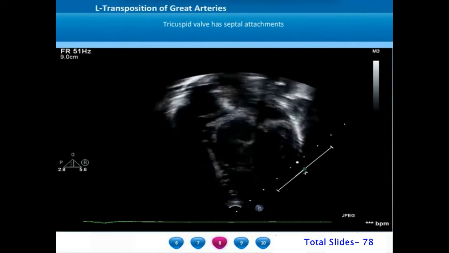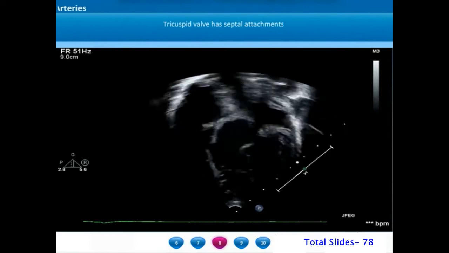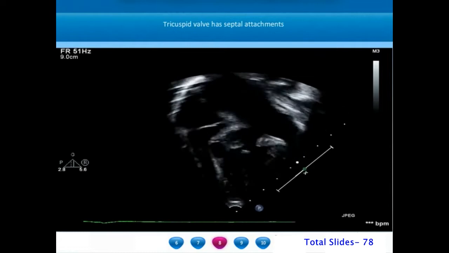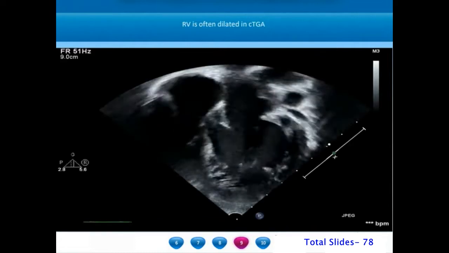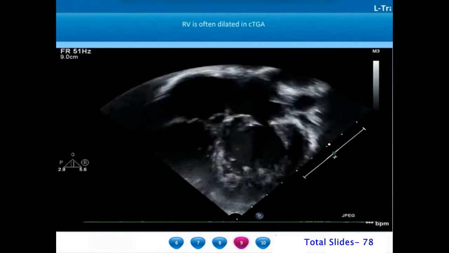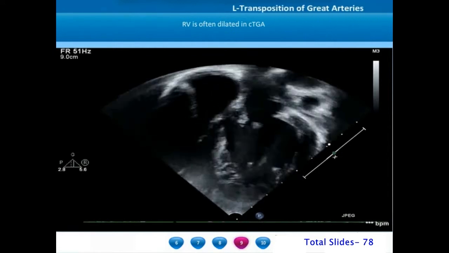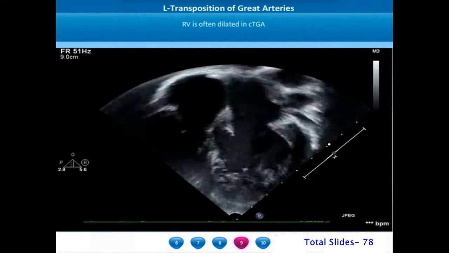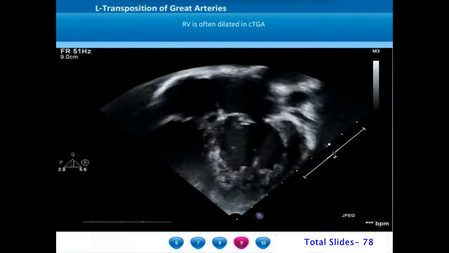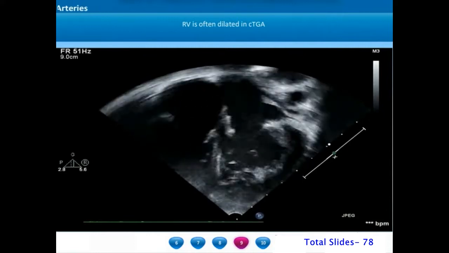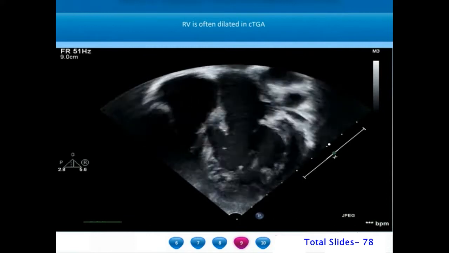We can notice here the tricuspid valve with the chordal tissues attached to the interventricular septum. The right ventricle is not only trabeculated but also dilated with reduced right ventricular systolic contractility. We can notice that there are septal chordal attachments for the tricuspid valve to the interventricular septum.